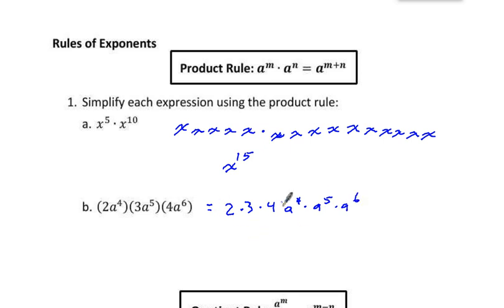Since it's all multiplication, again, we're going to multiply the similar factors. 2 times 3 times 4 is 24. A to the 4th times a to the 5th times a to the 6th. We're going to add exponents since the base a is the same in each. So 24, a to the 4 plus 6 is 10 plus 5, 15th.